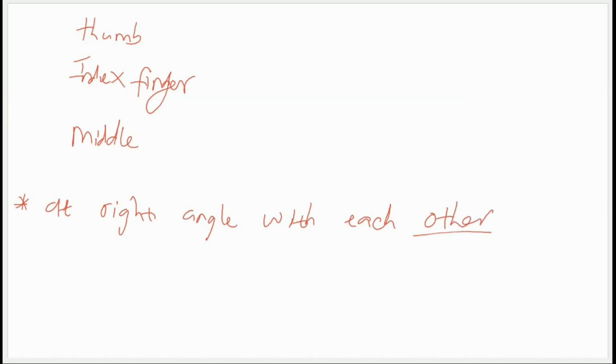You can see this type of drawing in your textbook, and you can see how they position these fingers. The thumb predicts the direction of the force, so I'm just going to say force or movement of a coil.